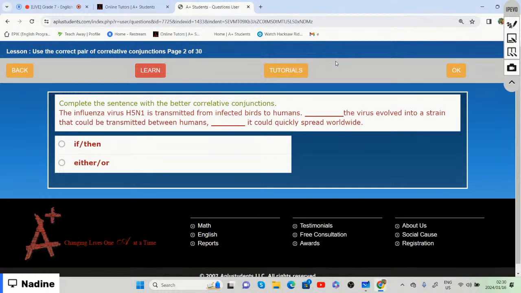So we need to complete the sentence with the best correlative conjunction. The influenza virus H5N1 is transmitted from infected birds to humans.